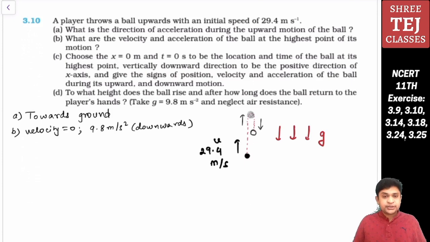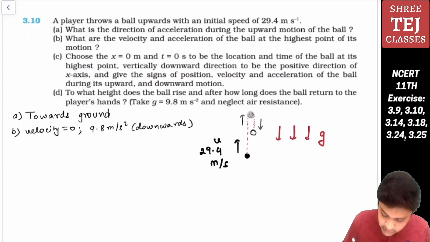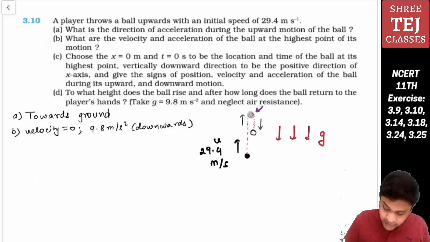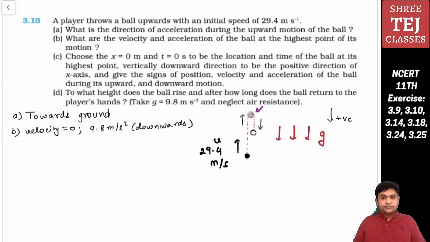Then the third question, we are choosing x is equal to 0 and t is equal to 0 at location and time where ball is at highest position. So at highest position, we are choosing x equal to 0 and time equal to 0 and vertically downward direction as positive. So we are considering this direction as positive.